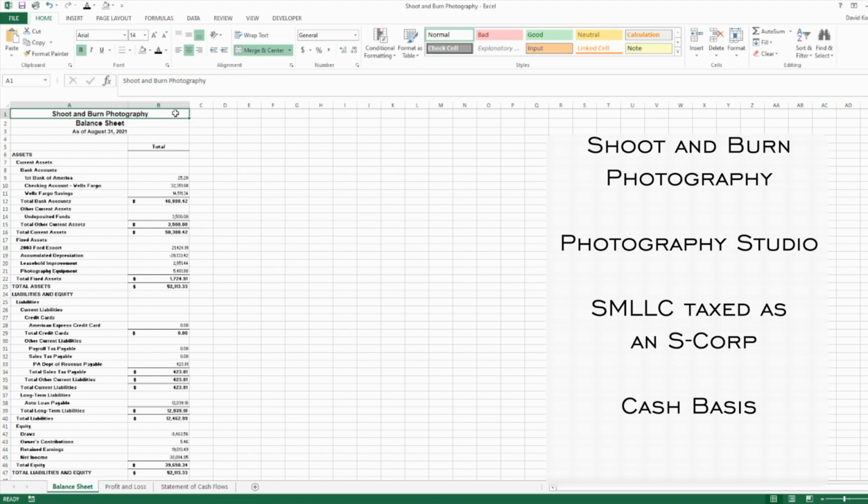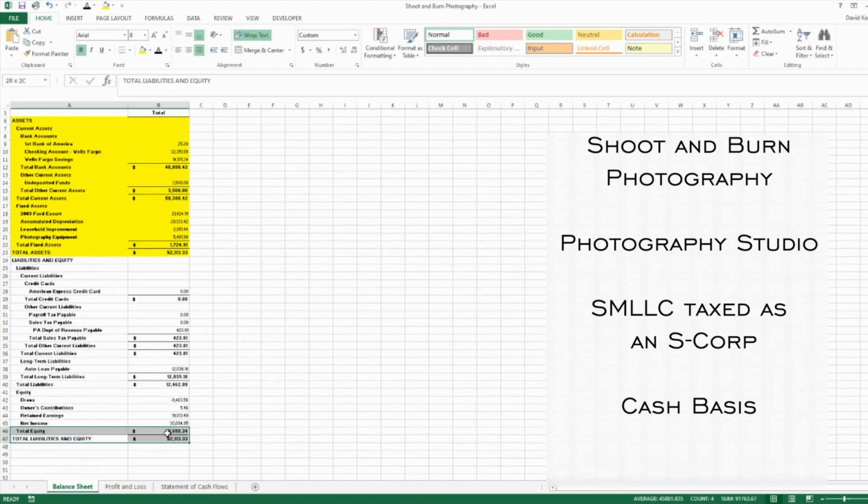So just looking at the balance sheet as a whole, you'll notice a couple things. At the top here, I'll highlight our assets. And always remember that your assets always have to equal your total liabilities plus your equity. So if we look at the bottom here, our total liabilities and equity are that same $52,113.